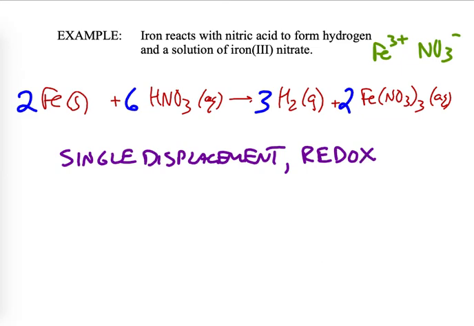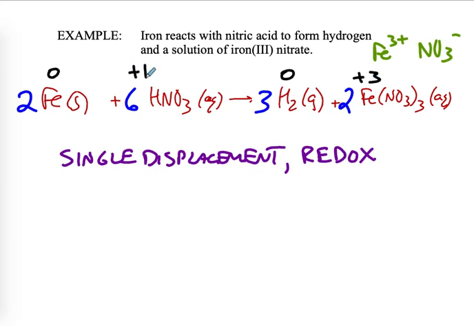So iron and hydrogen as pure elements have oxidation numbers of 0. In iron 3 nitrate, iron has an oxidation number of +3. It's a monatomic cation, and the oxidation number is the same as the charge, so that's +3. Hydrogen in nitric acid is part of a compound. It has an oxidation number of +1.